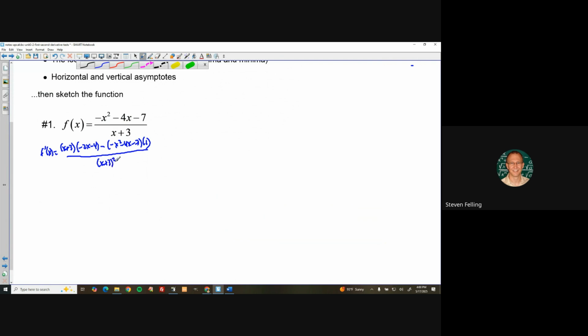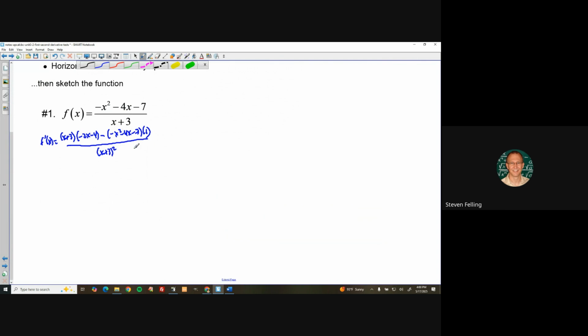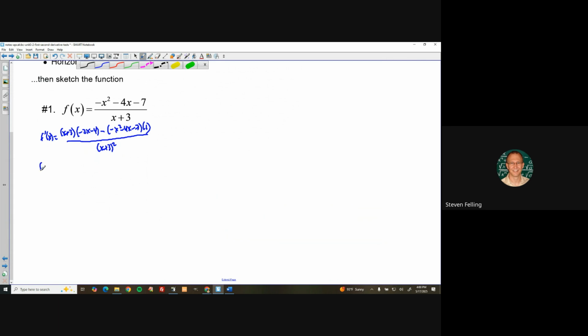Now normally we wouldn't do a lot of simplifying, but because we need to use these functions, let's do some algebraic manipulation to simplify this. So this f prime of x, first of all, I think I'll just multiply the whole thing out and hope I can get some cancellations. So doing FOIL here, this is going to be negative 2x squared, and then I've got minus 4x, minus 6x, minus 12, and then distributing this negative here, plus x squared, plus 4x, plus 7.